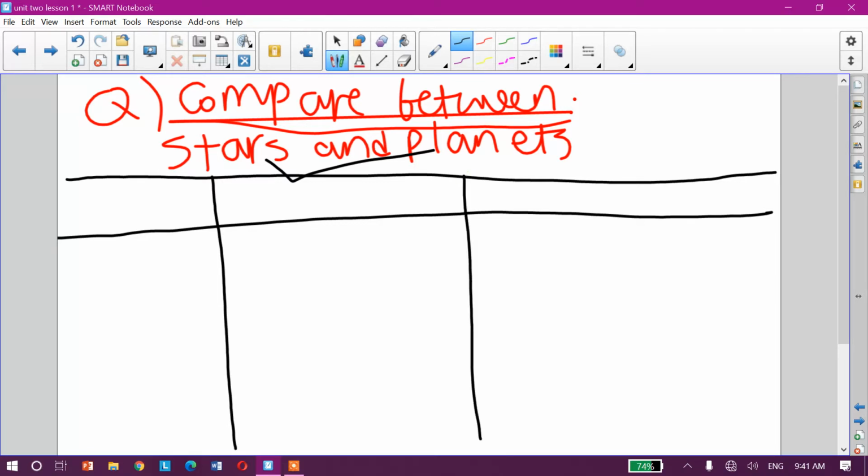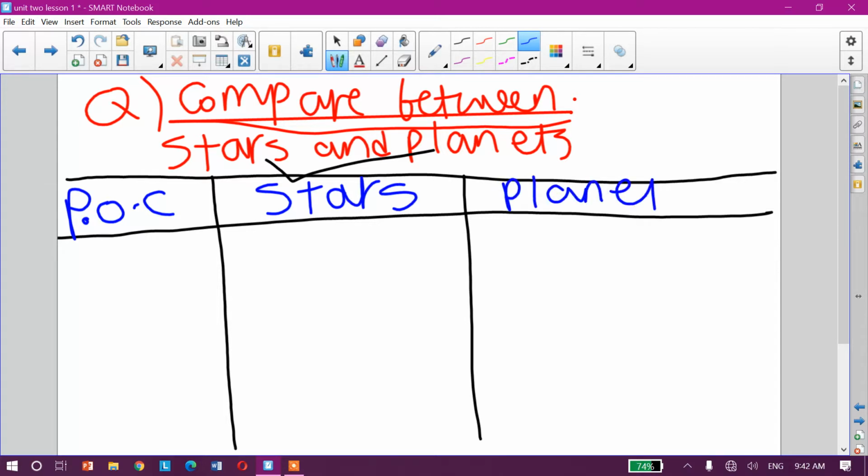Why? Because in the first space here, you will write P.O.C., which means point of comparison. You will compare between stars and the planets according to what? Okay, and you will write here stars, and you will write here planets. Excellent.